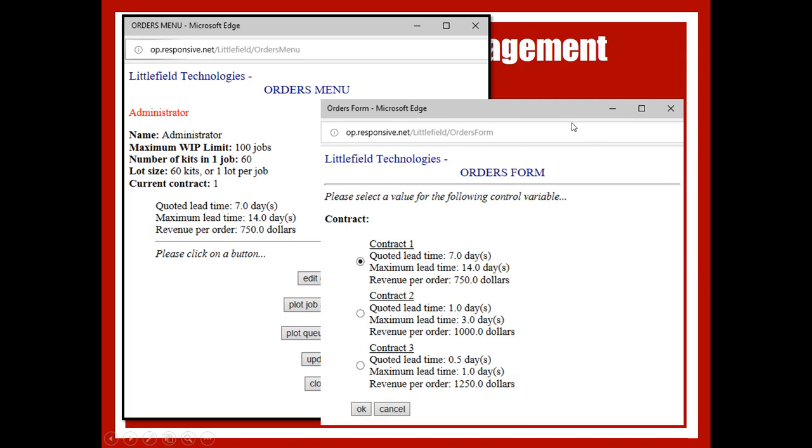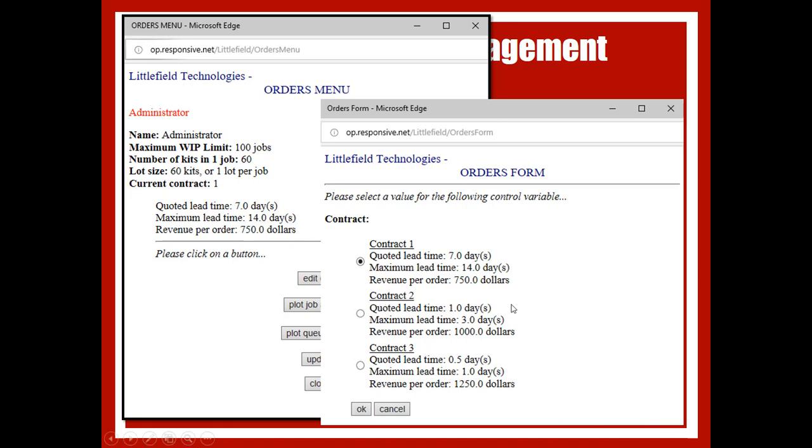Edit data, and we see that we have 3 types of contract, and they are time-sensitive contracts. In our most lucrative contract, we need to deliver the product in less than half a day, then we will collect $12.50. But if we deliver it in more than 1 day, we collect nothing.